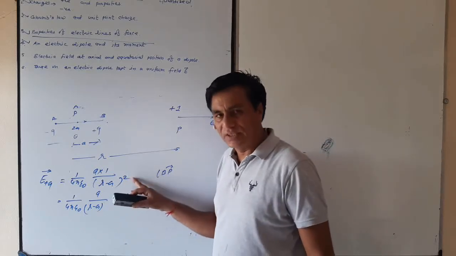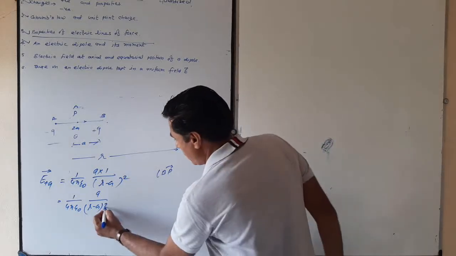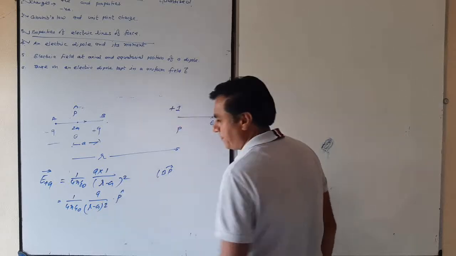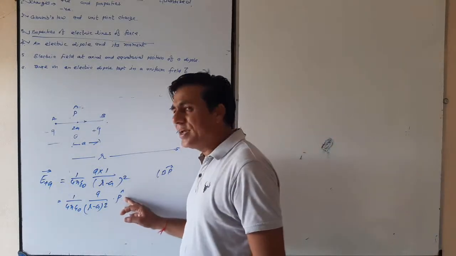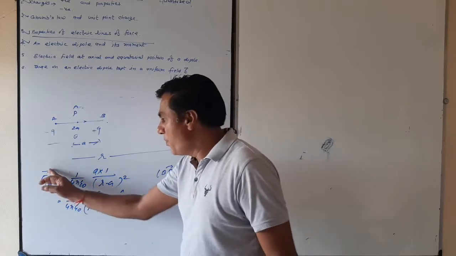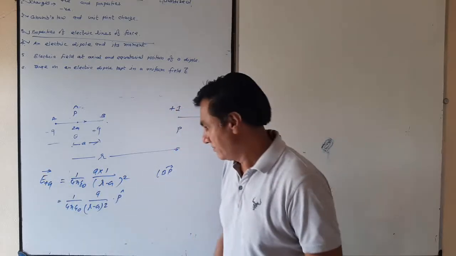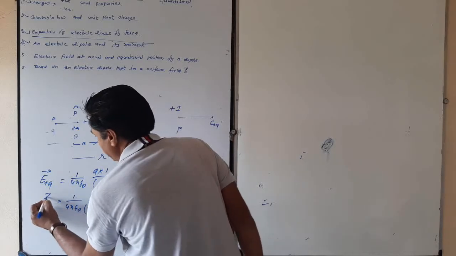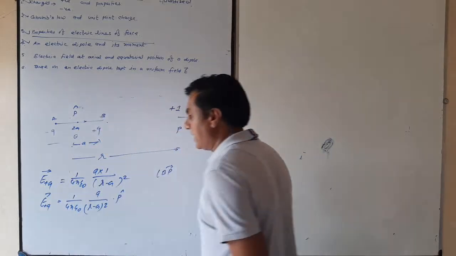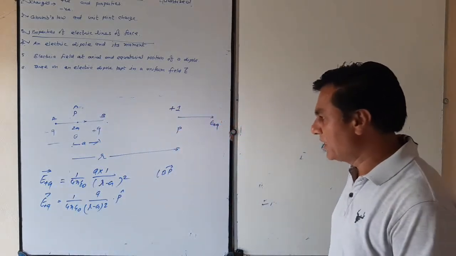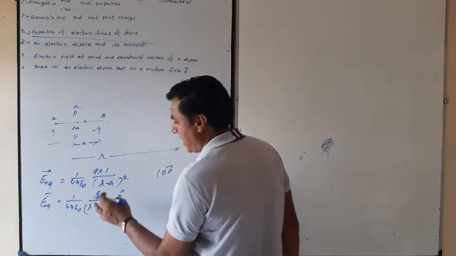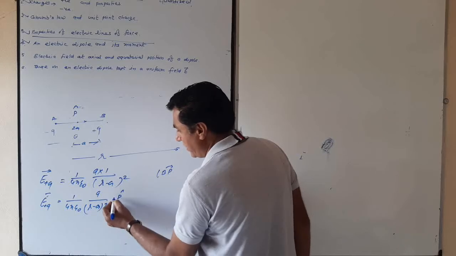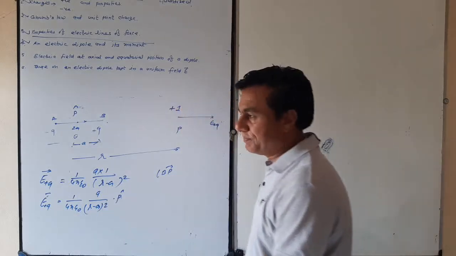By Coulomb's law, it is distance square, R minus A square, along P cap. If you multiply by P cap, you have already indicated the direction of the electric field intensity, so there is no need to write along BP. The electric field intensity due to plus Q charge is equal to 1 upon 4 pi epsilon 0, Q upon R minus A whole square, along P cap.